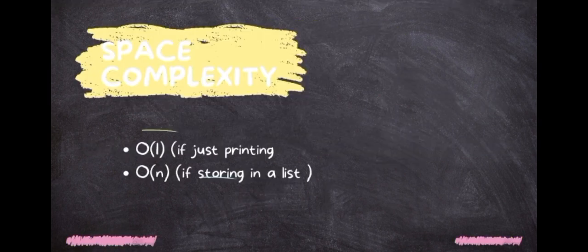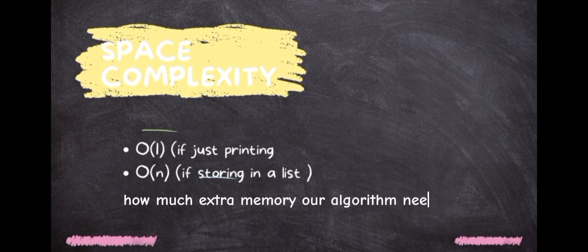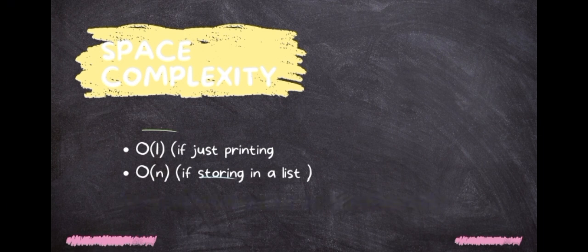Space complexity tells us how much extra memory our algorithm needs. If we just print the odd numbers without storing them, the memory usage is O(1), meaning it stays constant.